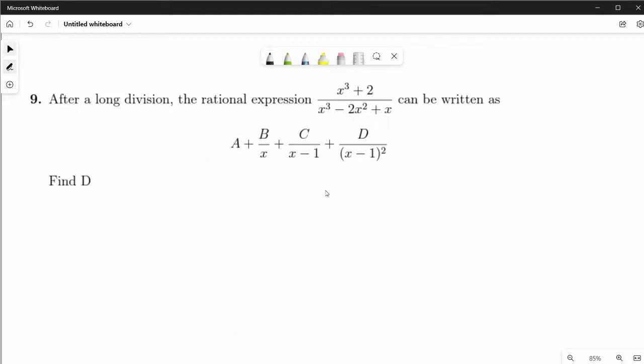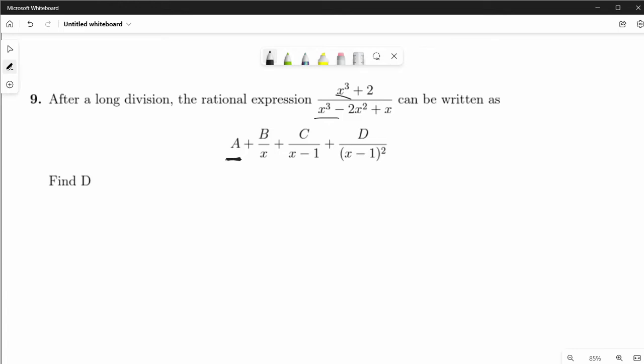For 9, we have a fraction, and we want to write it in the form of a partial fraction expansion. As we notice, this is a constant term. That means that after division, there will be something that was divided out, since if you look at the power of the original fraction, the numerator and the denominator have the same highest power.